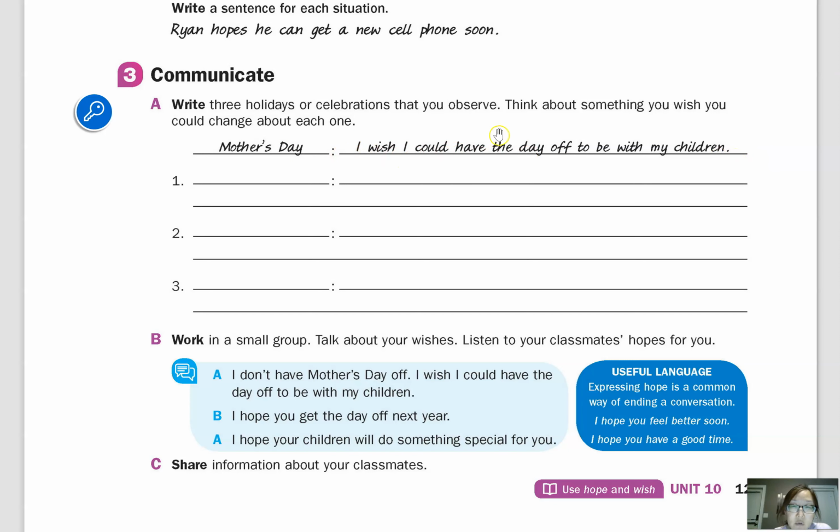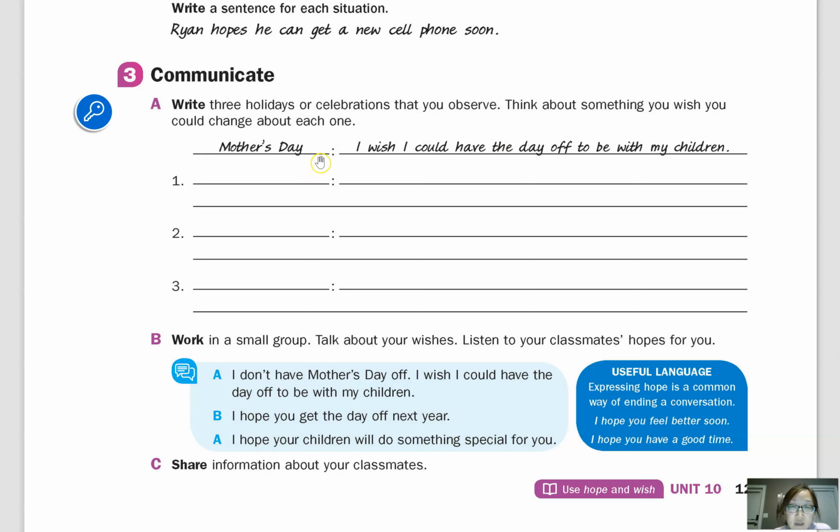So in this example, it's not possible for this person to have the day off. So it seems like this person works on a Sunday because Mother's Day is always on a Sunday. But anyway, so you can use I wish I could have the day off to be with my children.